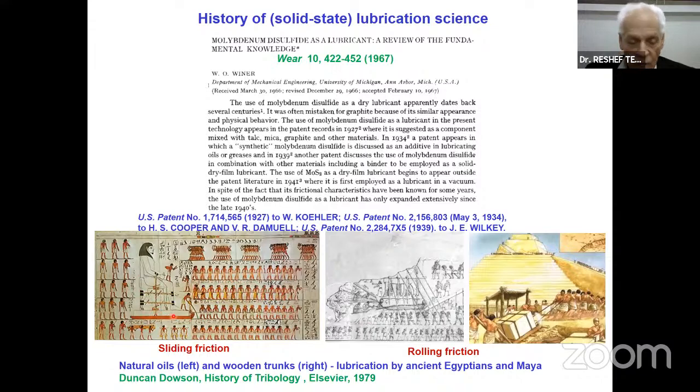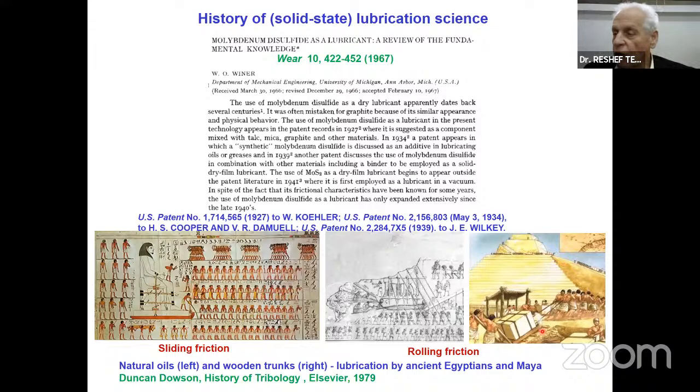This statue is pulled by hundreds of slaves, and there's a gentleman here pouring oil before the sled. And in this case, people put stems or wooden parts in order to roll the boat over to the Nile. Or in the case of Maya shrines or pyramids, they built them, and you see the logs, the wooden logs, that have been used for sliding.